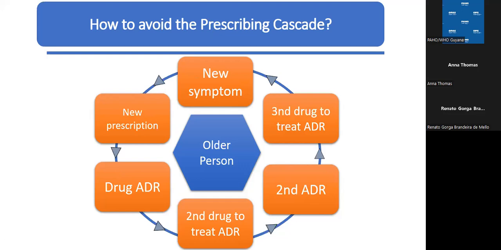So, how can we avoid a prescribing cascade? What can we do to prevent a dramatic event? First of all, choose the safer, available, and affordable medication. If you do not have a second option, start the medication at the lowest possible dose.